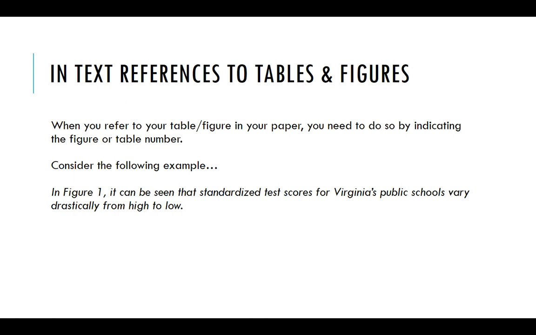So I'm telling the reader, okay, look, I'm asking you to consider Figure 1, and from Figure 1, I'm telling you the takeaway that when you look at Figure 1, you see that standardized test scores really vary from school to school to school. All right, so you can probably figure out what a figure illustrating that kind of thing might look like. But what I'm saying is that you have to point to the figure and you have to give a takeaway.